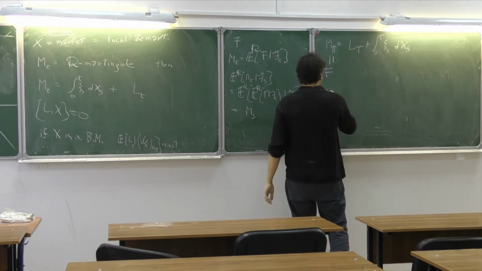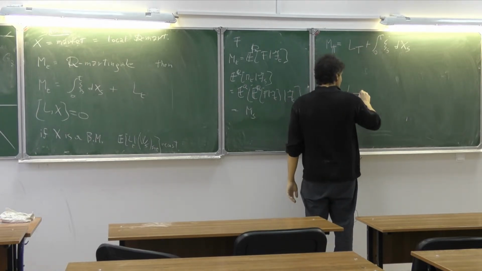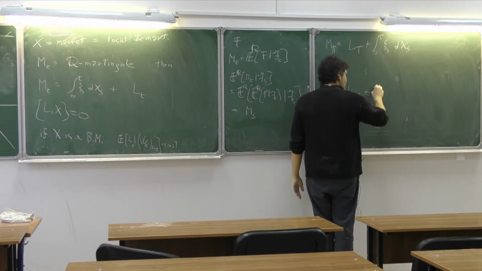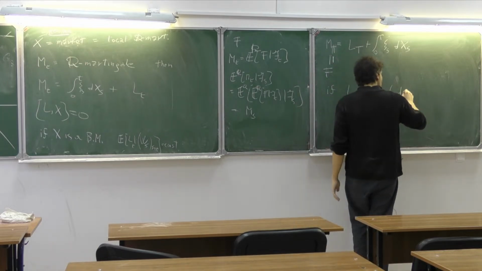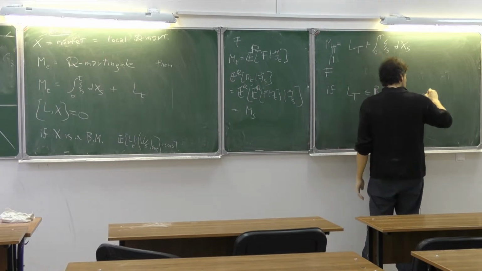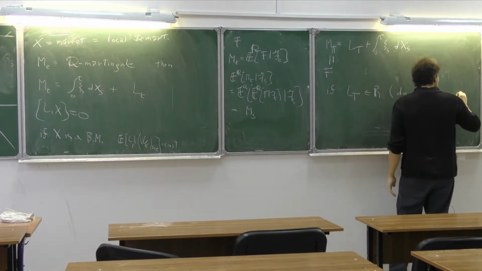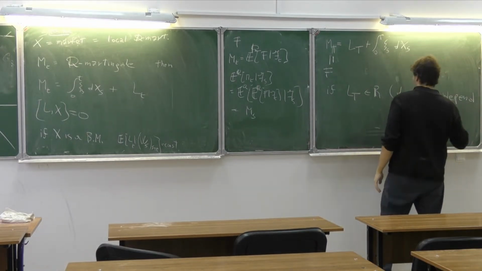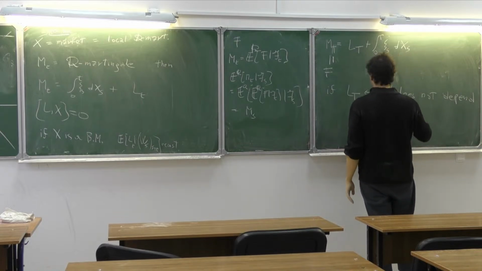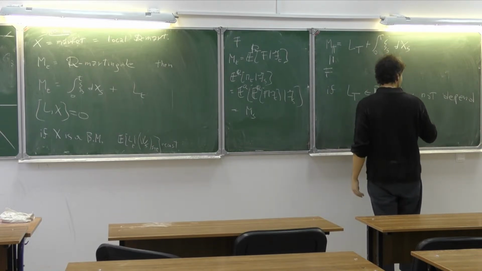If, however, L_T is a constant, namely does not depend on omega, that was the case, for instance, when X was a Brownian motion and F was measurable in the filtration of the Brownian motion.